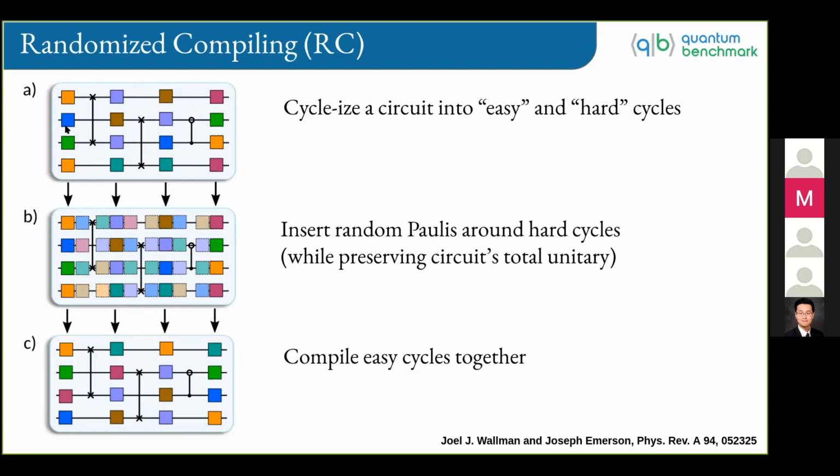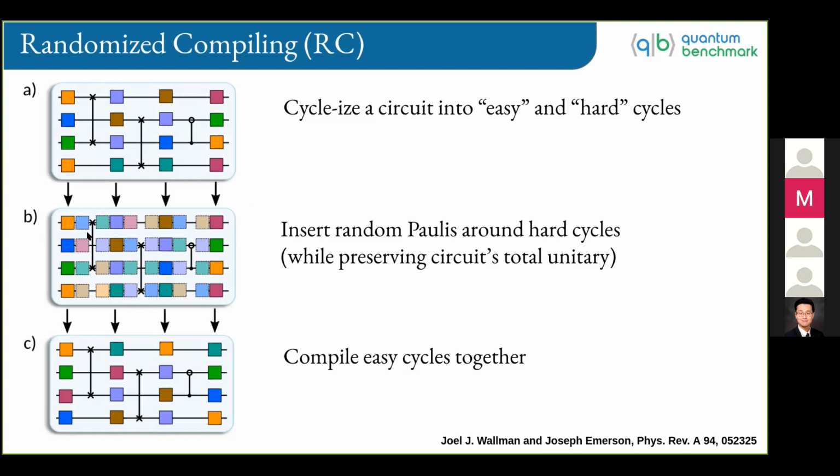You alternate easy cycles, and by easy, I mean cycles which only have single qubit instructions. And they're called easy because historically their qualities have been better than entangling instructions like this CZ in this cartoon.